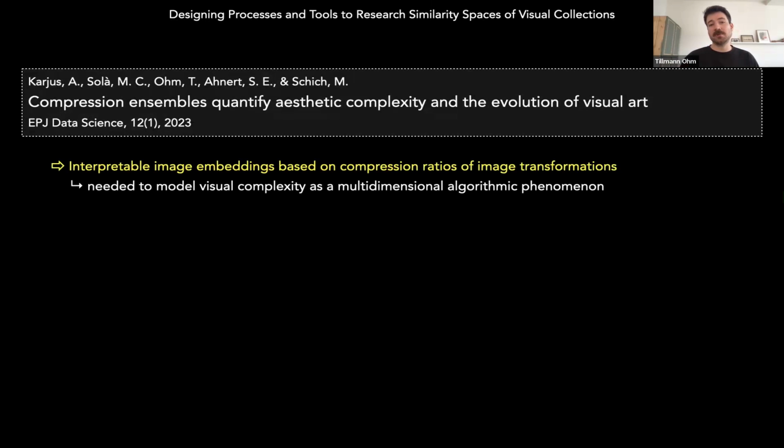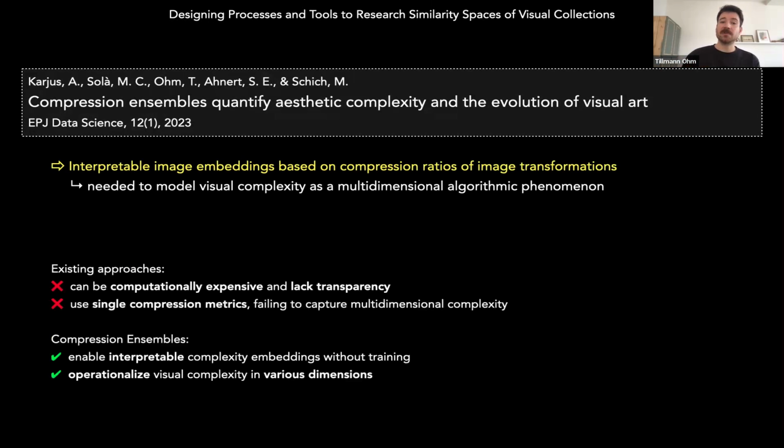With the compression ensemble paper, we propose a method to construct interpretable image embeddings by combining simple image transformations with compression algorithms. This is important and needed because it allows us to model visual complexity as a multidimensional algorithmic phenomenon.